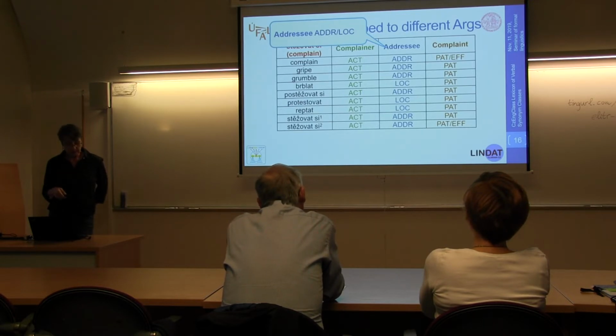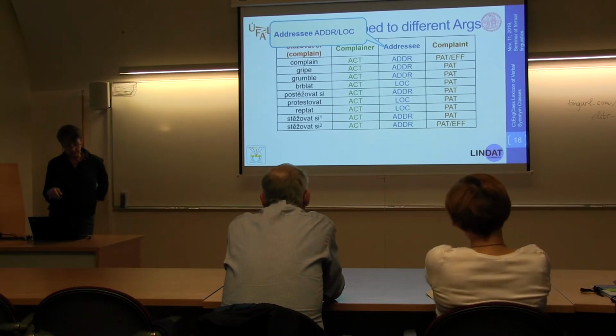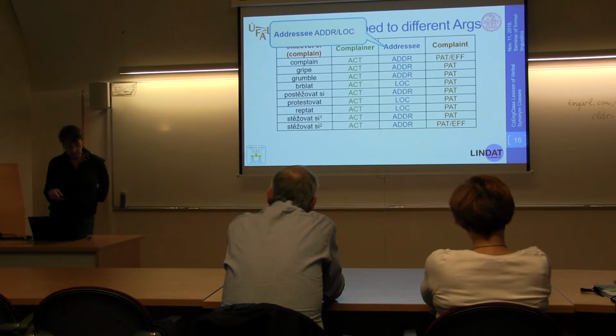So somebody complains to somebody, then in this case addressee is mapped to addressee, but we can have something like protestovat in front of somebody, and then the semantic role addressee is mapped to adjunct location, to free modification location.